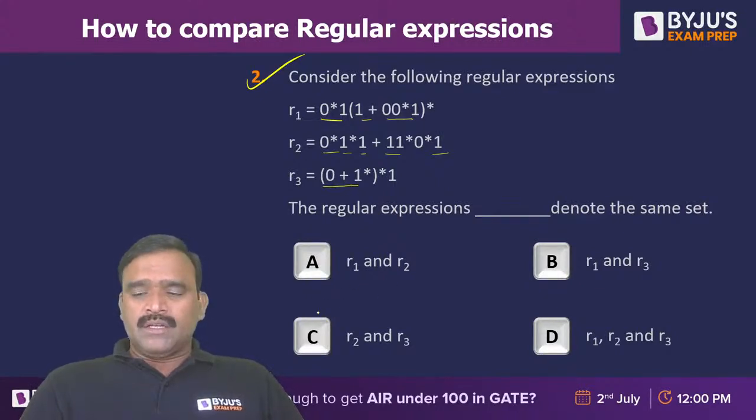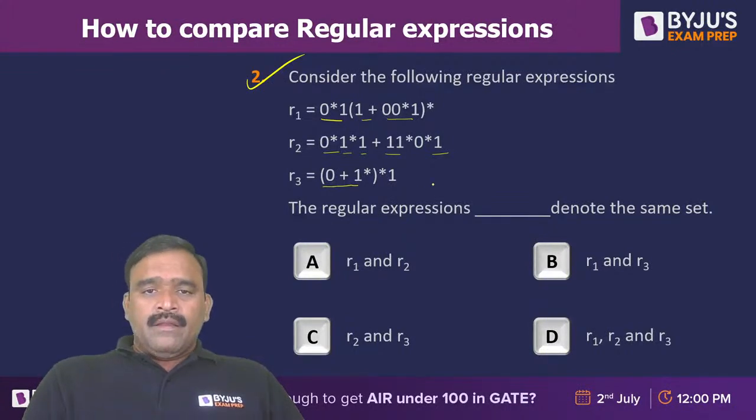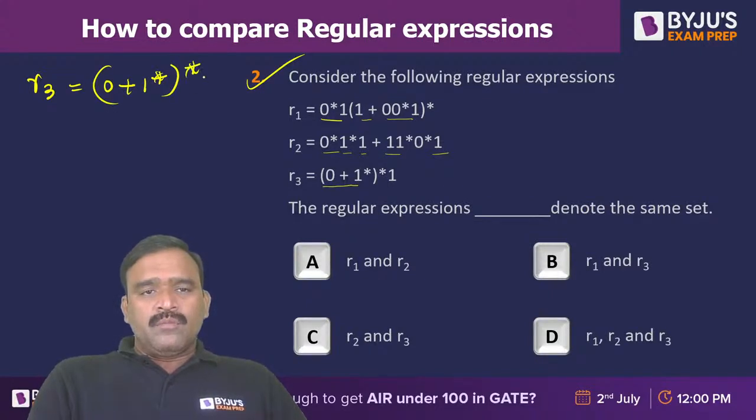I will wait for your response for some time, and you can tell me the answer. So what is R3? R3 is written as (0 plus 1 star) whole star followed by 1, which is the same as (0 plus 1) whole star 1.